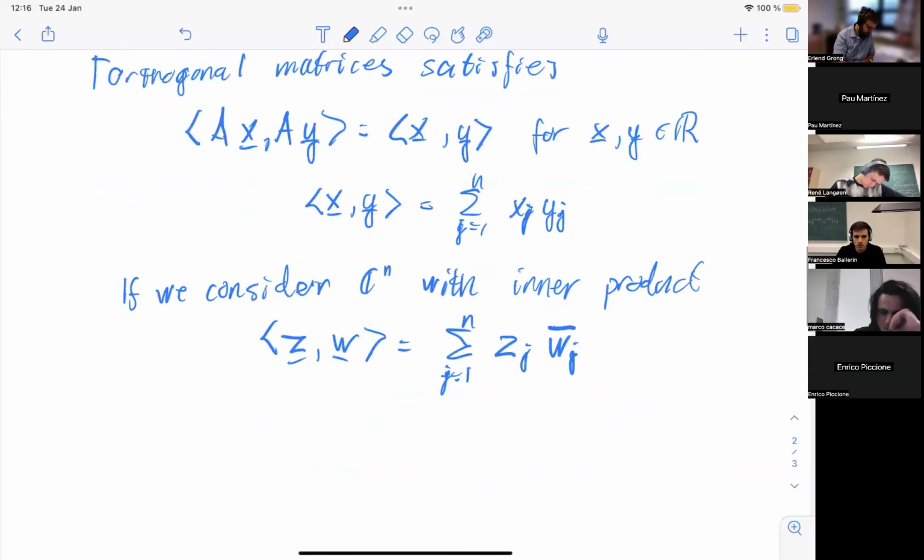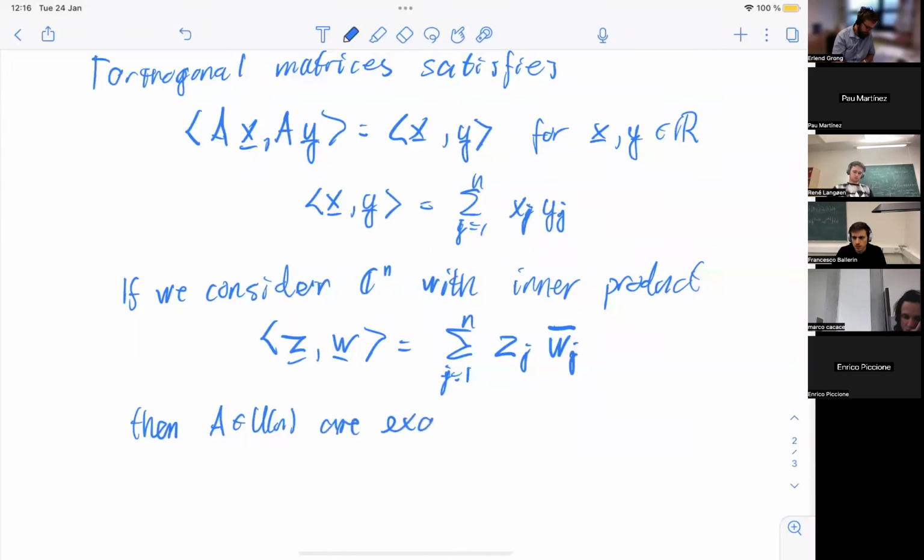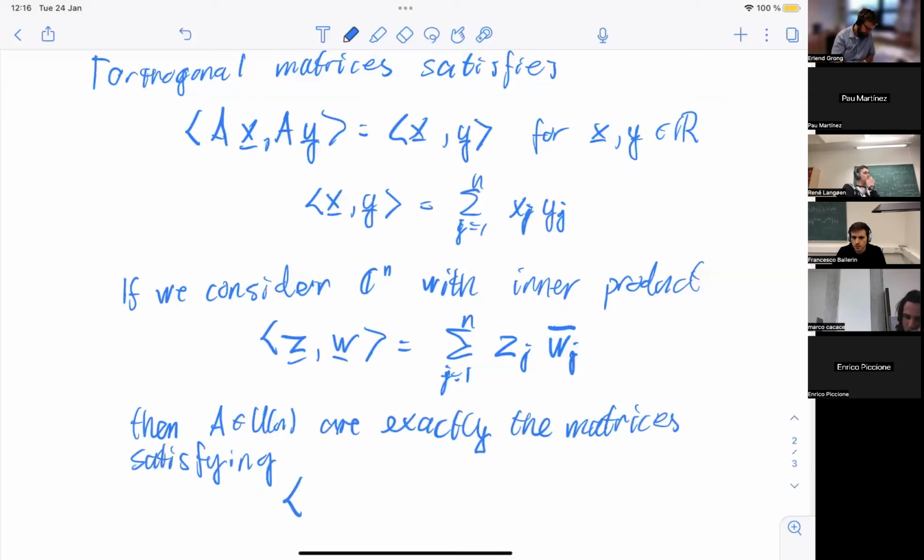If we have something like this, then A in Un are exactly the matrices satisfying Az dot Aw is equal to z dot w.